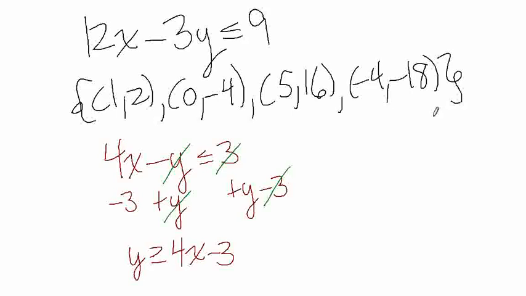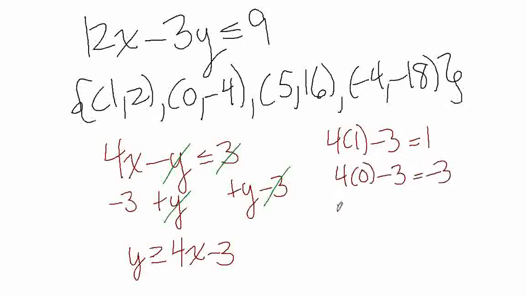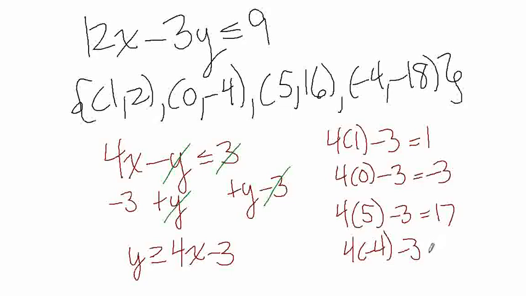Now you have to evaluate 4x minus 3 for every point rather than 12x minus 3y, and you need to see if it's less than or equal to y. So let me evaluate 4x minus 3 with respect to each of the 4 points. 4 times 1 minus 3 gives 1. 4 times 0 minus 3 gives minus 3. 4 times 5 minus 3 gives 17. 4 times minus 4 minus 3 gives minus 16 minus 3, which is minus 19.